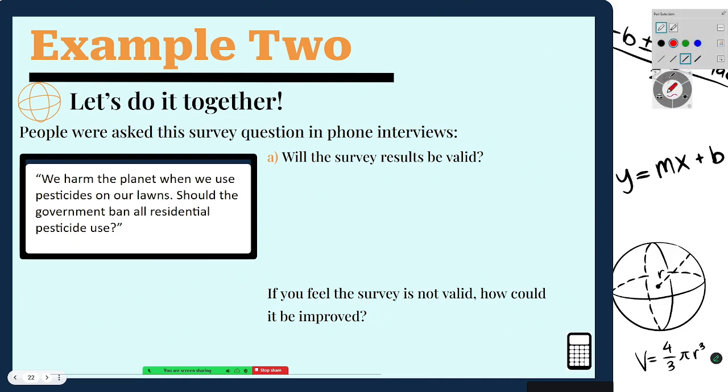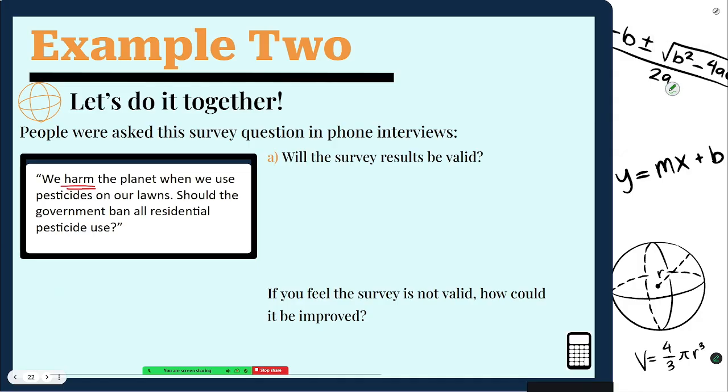We have very strong words like harm. We harm the planet when we use pesticides on our lawns. So already you're giving this negative connotation that is leading. So it's setting you up for how you should answer. Now I'm going to ask, should the government ban all residential pesticide use?